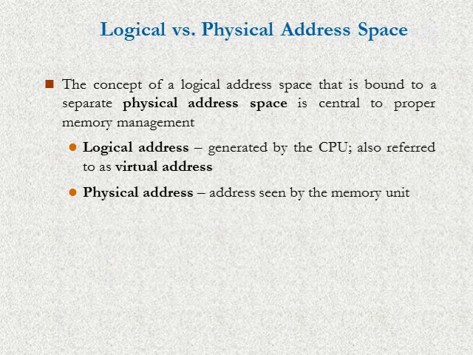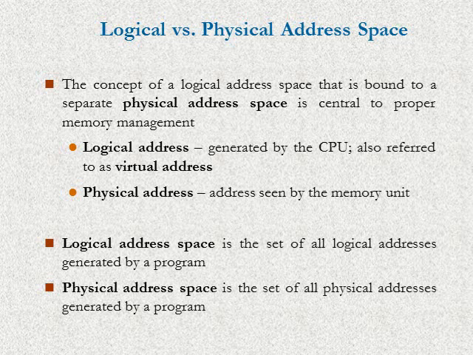Over here we have the formal definitions of the logical address and the physical address. So logical address is an instruction number that is seen by the CPU, and it is relative to the user's program, while the physical address is a memory location on our main memory, and that is the address as seen by the memory management unit.